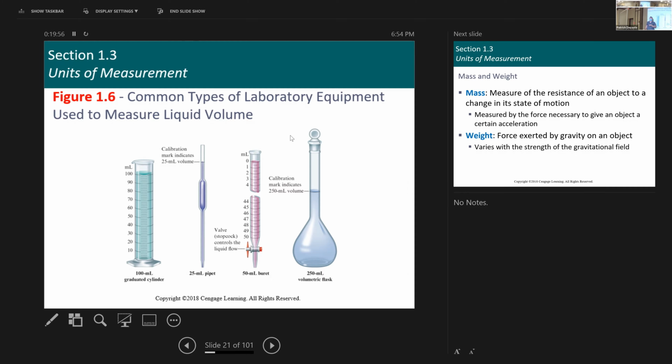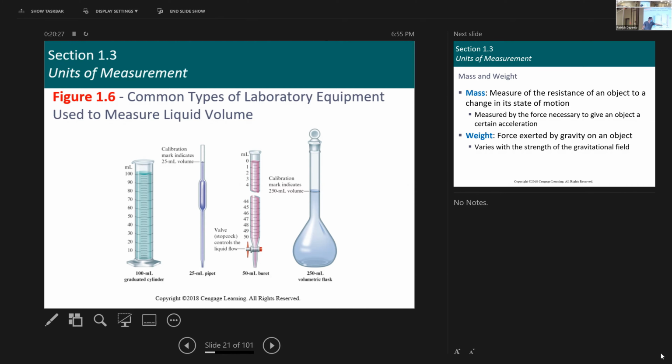The volumetric pipette, similarly to the volumetric flask, is volumetric and only measures one volume. To me, that's dumb. They're very, very, very precise. It has one line, and if you hit that line, in this case, it's 25 milliliters. This line is 250. So they only measure that volume. Kind of dumb, but they do that.